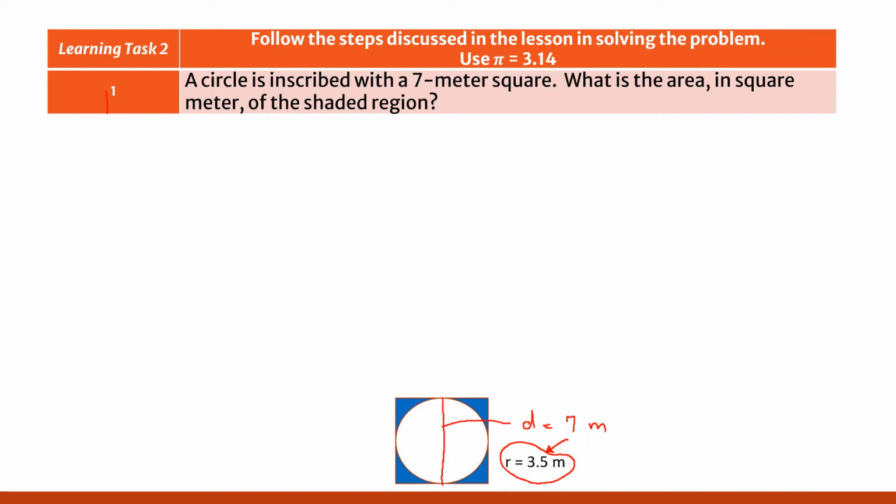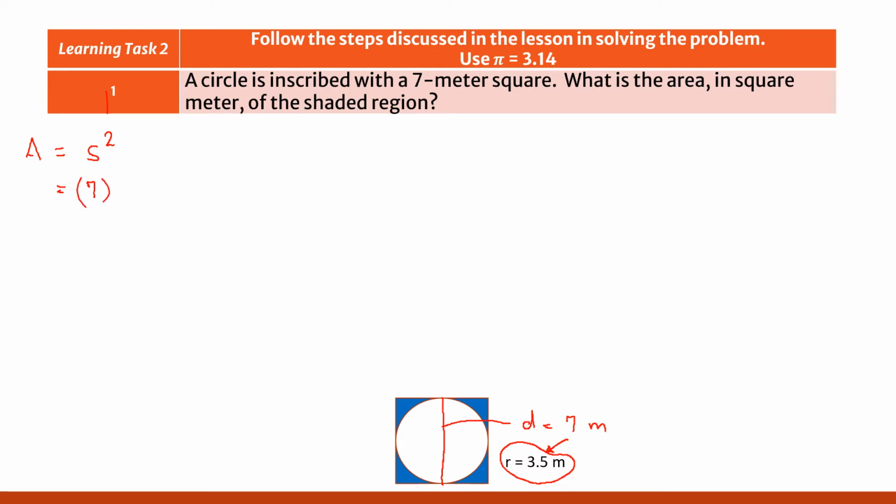So sa una, kukunin natin ang area of a square. Pagkatapos, kukunin din natin ang area of this circle. Okay? So umpisahan natin sa area of a square. Our formula is s to the second power, which means side times side. Nagkataon, ang given side ay 7.